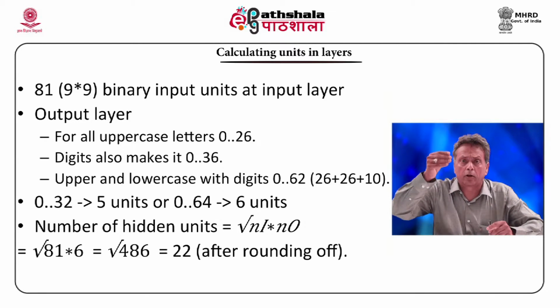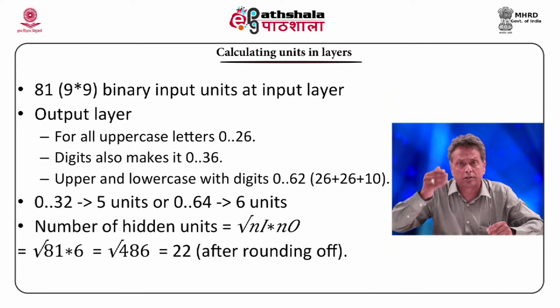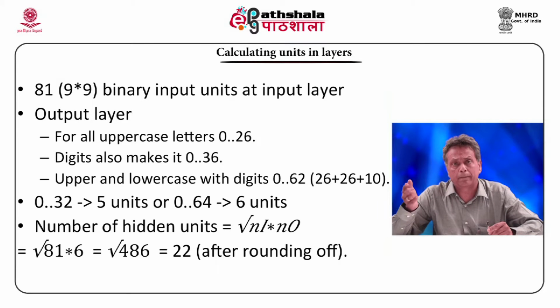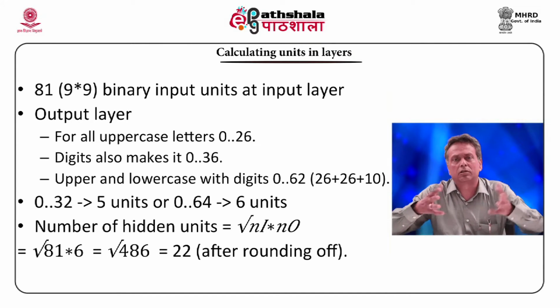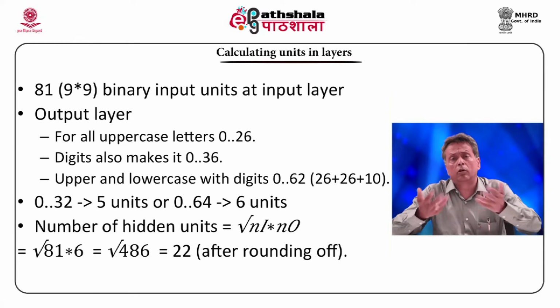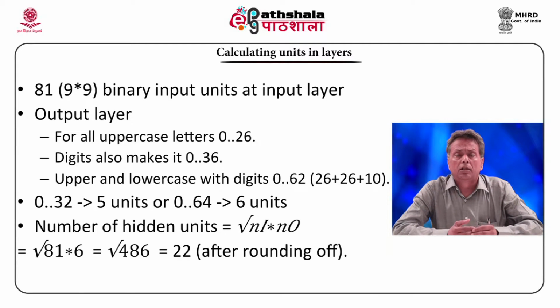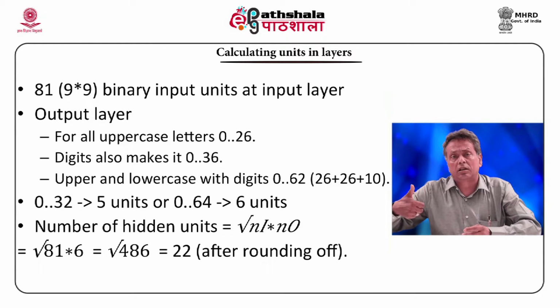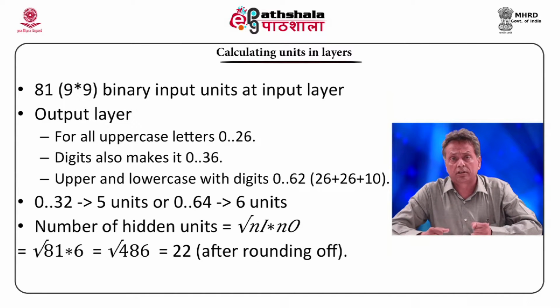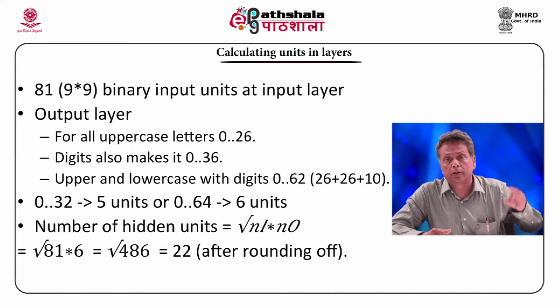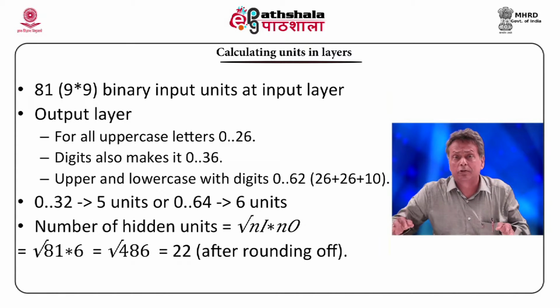For example, all zeros will be A, all zeros but the last one is B, and all 0 but the fourth one is C, and so on and so forth. So, you have those values differentiated that way. If you want more, you can even add one more. So, if you have 6 units, you can have a total of 64 possible outputs. Based on this, we will decide the number of output units. In this case, 81 input units, because it is a 9 into 9 matrix. The output units will be 5 or 6.